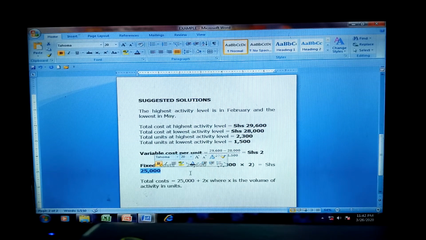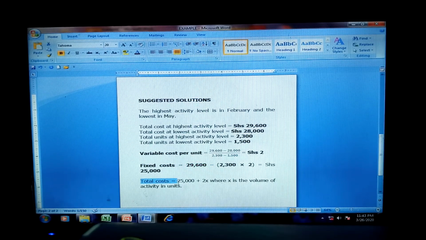So meaning that the 29,600 is a mixed cost, but it has a variable cost part as well as a fixed cost element. So out of the 29,600, 25,000 is a fixed cost.